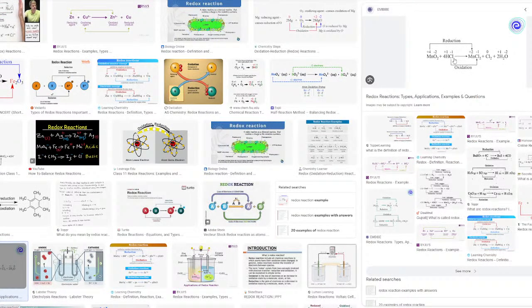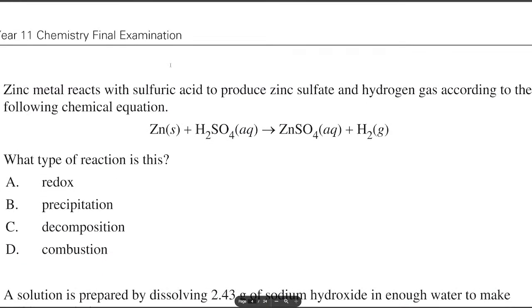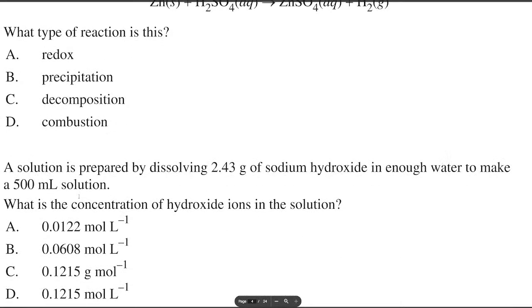Reduction? Not really. Then I don't think it's decomposition, because decomposition's maybe when there's one on this side and then it goes into many. Precipitation, no precipitate. Combustion, no oxygen. So it's redox.